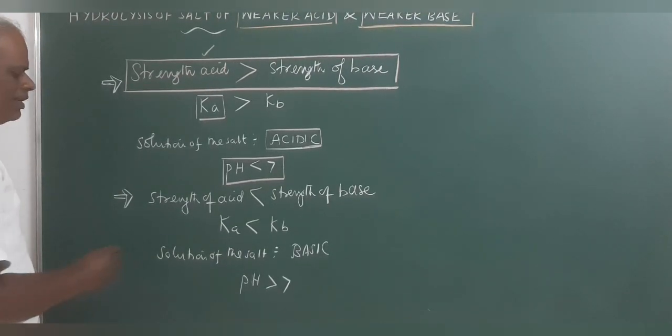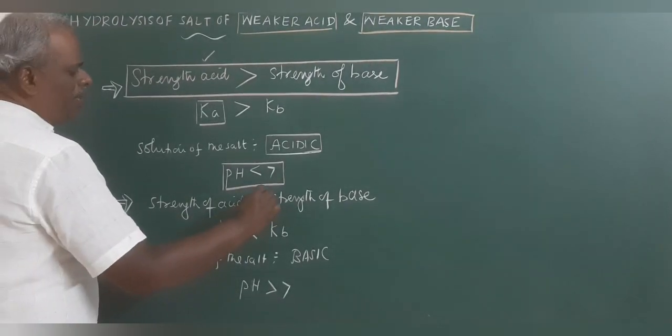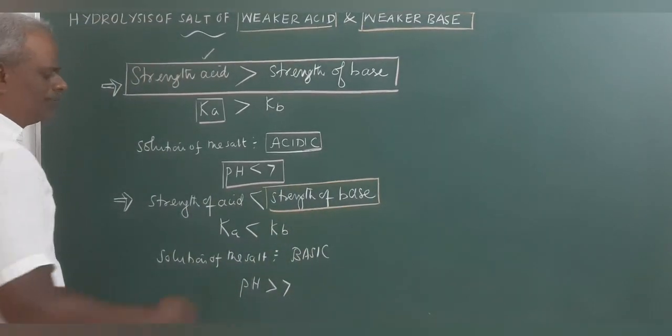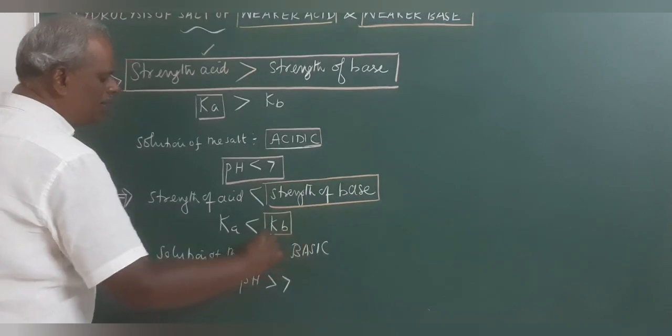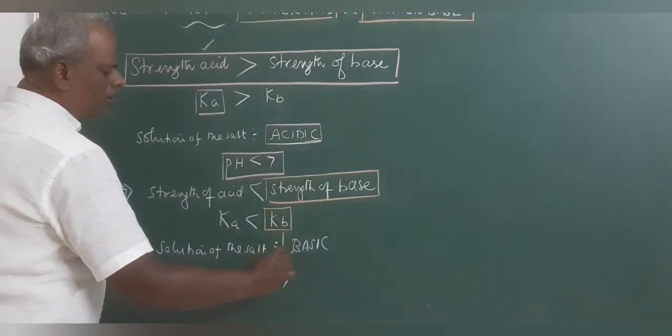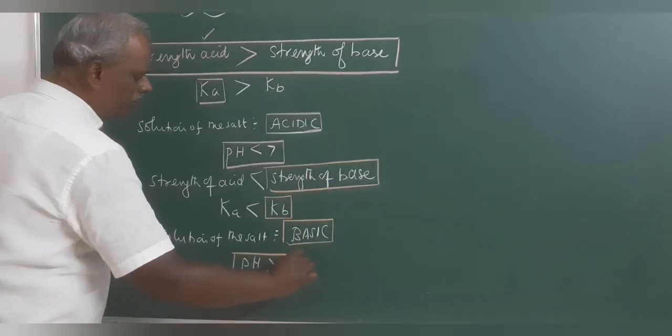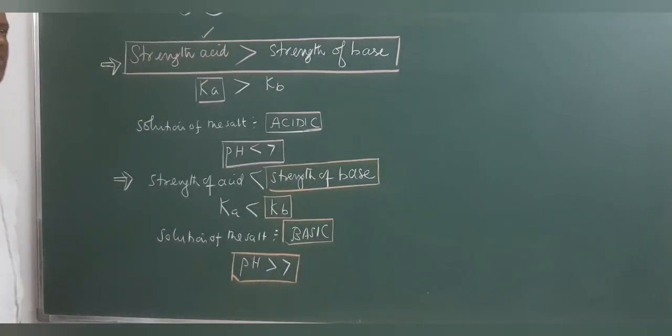Otherwise, when the strength of base is greater compared with the acid, the Kb value is greater, and it would be basic in nature and its pH greater than 7.